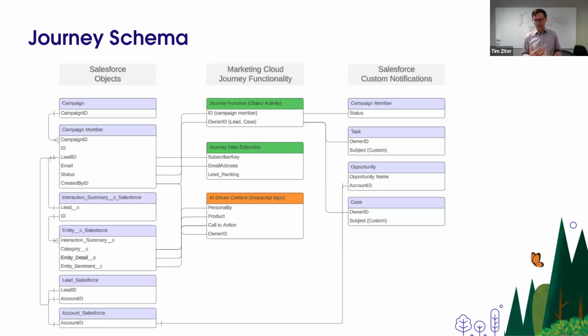We might use those data points to influence Einstein Insights to create a different type of personality that drives the content dynamically. We might pull in data points, like Hunter shared, such as the product they might be interested in, to determine the next best product for that lead. And then even customizing the call to action and the sales owner who might be the best person to follow up with.